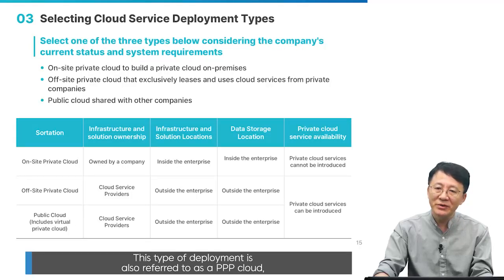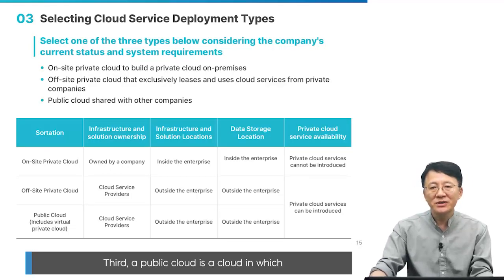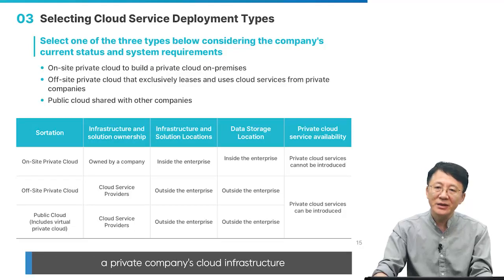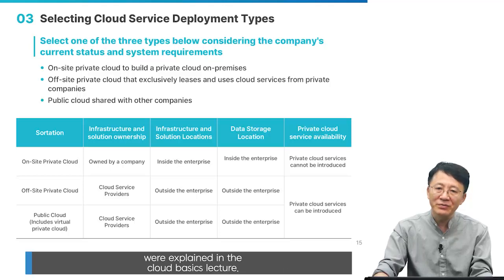This type of deployment is also referred to as a PPP cloud, public-private partnership cloud. Third, a public cloud is a cloud in which a private company's cloud infrastructure and the solutions outside the company are shared with other companies or users. The pros and cons of each deployment type were explained in the Cloud Basics lecture, so please refer to it.